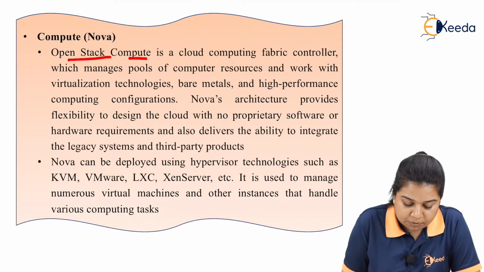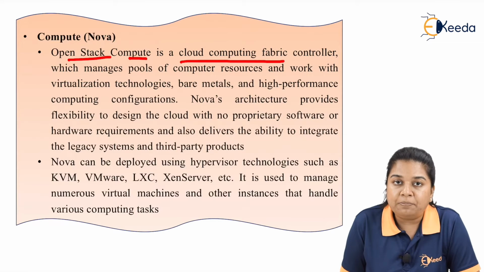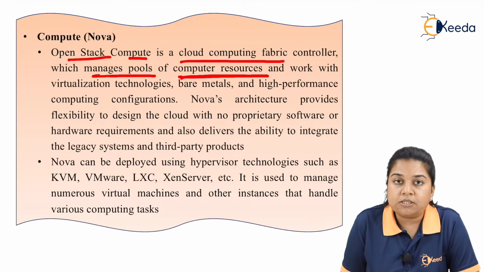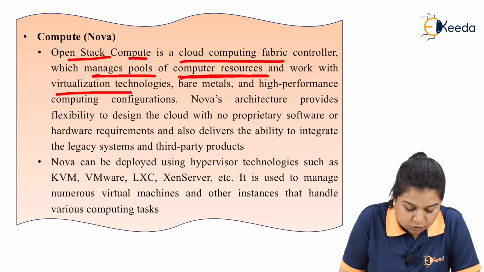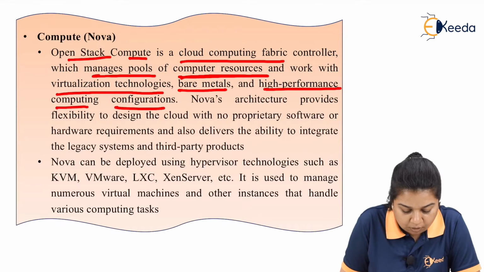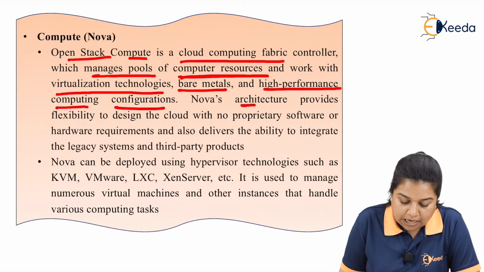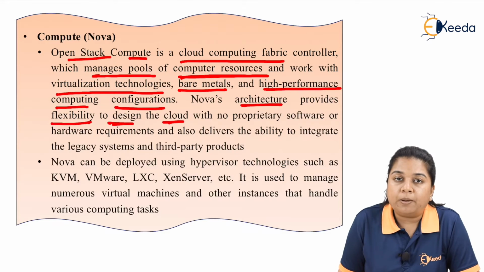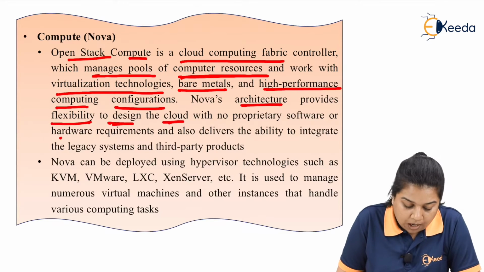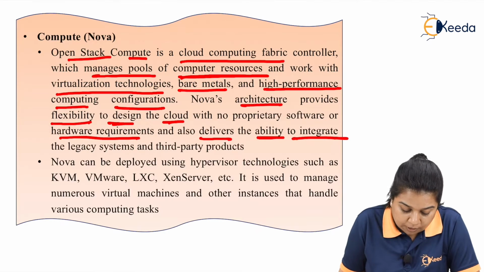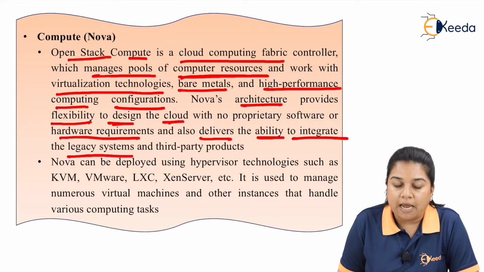OpenStack Compute is a cloud computing fabric controller which manages pools of computer resources and works with virtualization technologies, bare metals and high performance computing configurations. Nova's architecture provides flexibility to design the cloud with no proprietary software or hardware requirements, and also delivers the ability to integrate the legacy systems and third-party products.